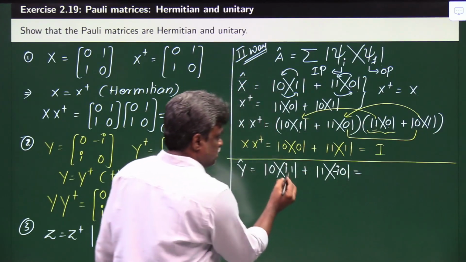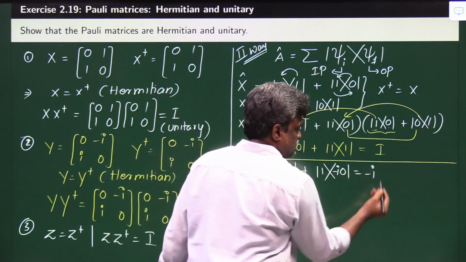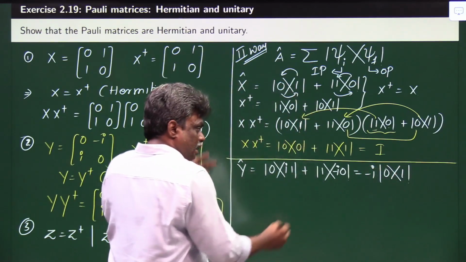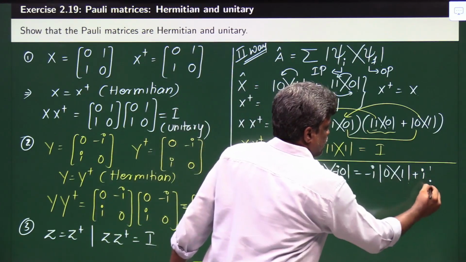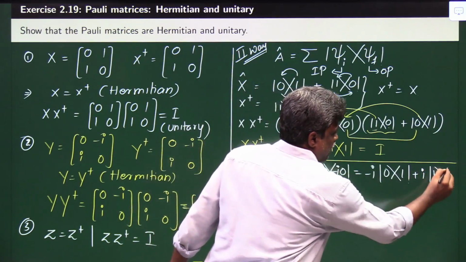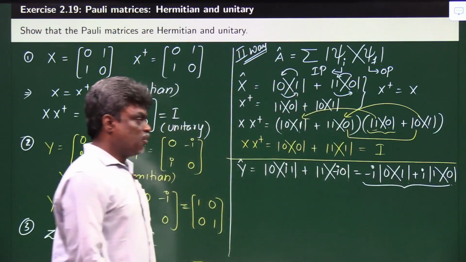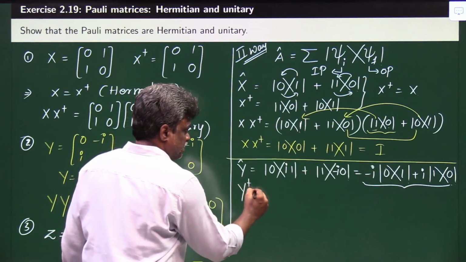This can be written as iota |1><0| minus iota |0><1|. Here this is a minus iota in the bra vector as usual. This is a plus iota, with 1 and 0 as it is. So this is our outer product form of Y. Now I am finding this Y dagger.